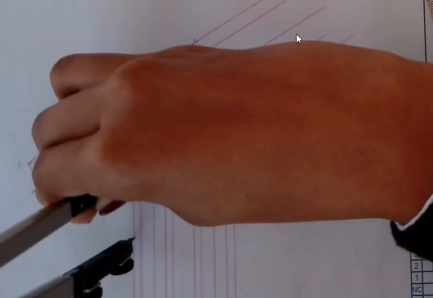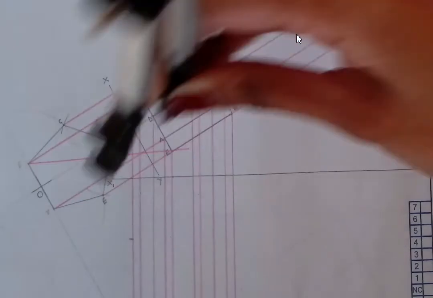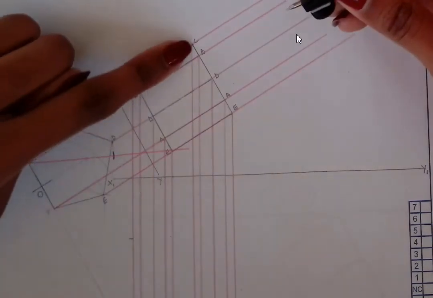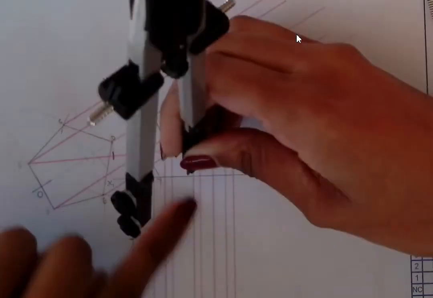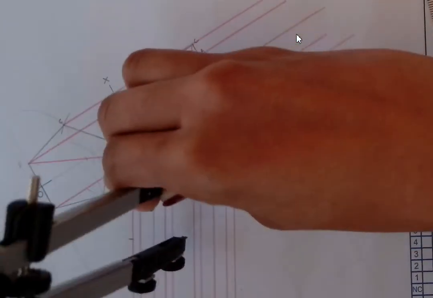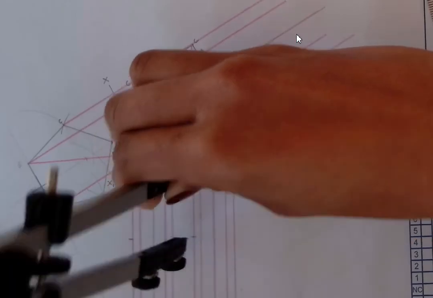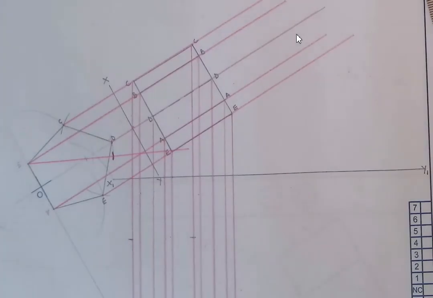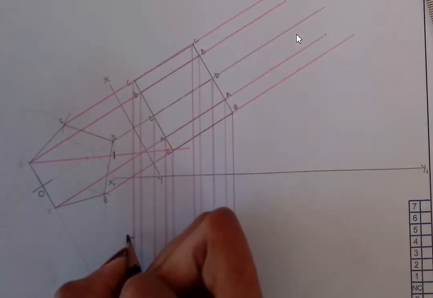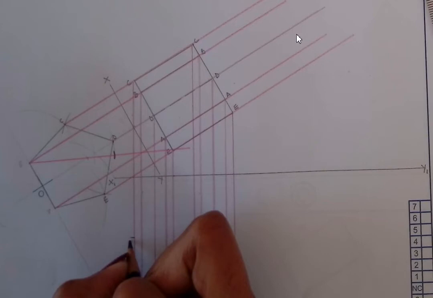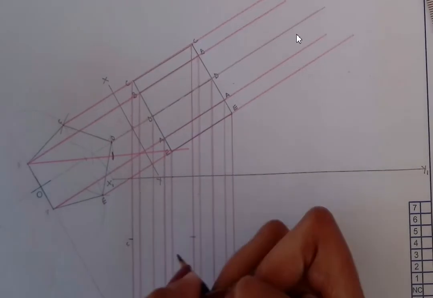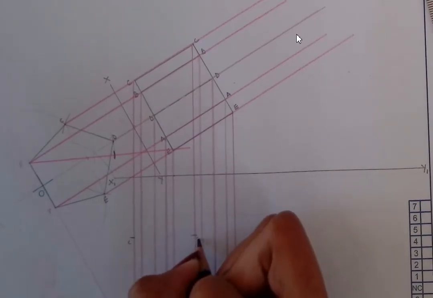Put it at the XY line. Then you mark a point there, and then you come again to the other side where we have C. You mark a point there. So you will have to label your point C, just so you don't forget. So just below, write C, C.